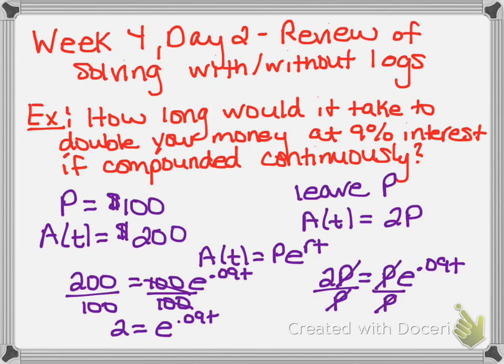P is always going to divide out of there, and you will always be left with 2 is equal to e to the 0.09t. Okay? And so at that point, the rest of the steps become the same. Okay? So I now have 2 is equal to e to the 0.09t.